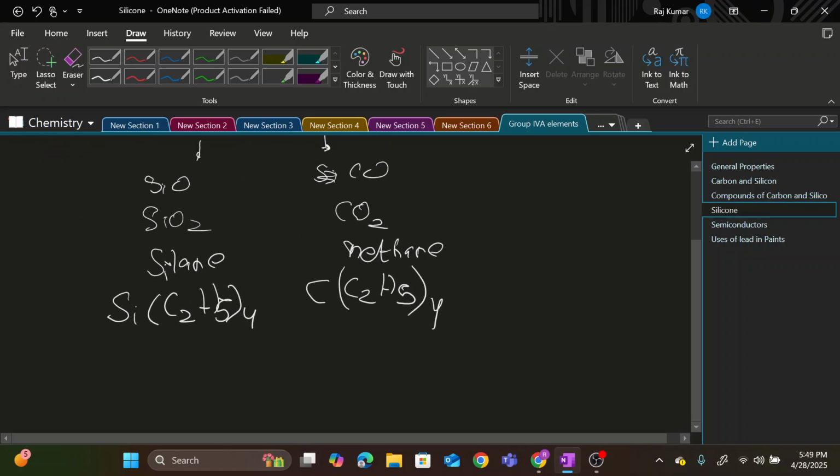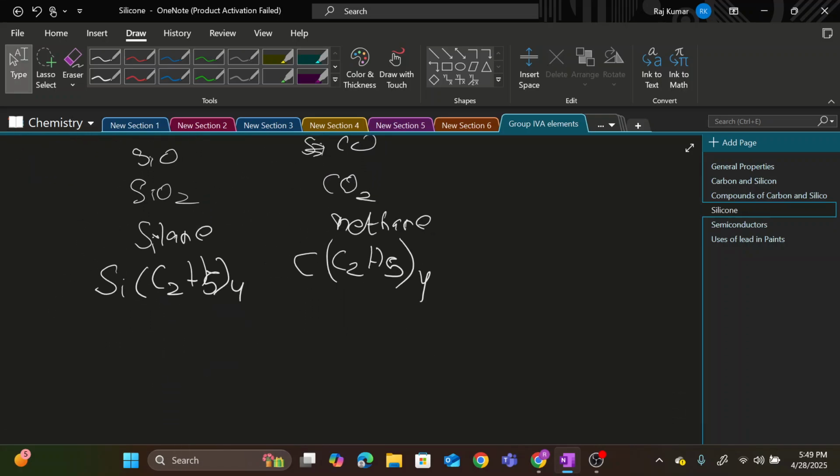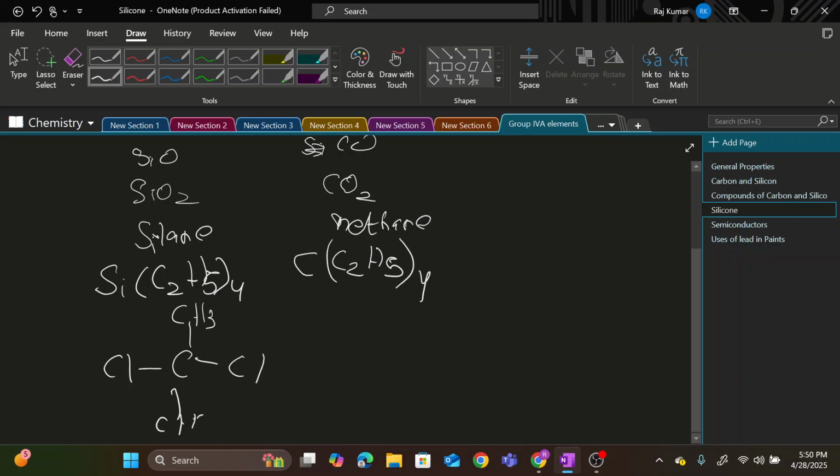So basically, if we take this structure, with two chlorine atoms attached to it and two methyl groups attached to it, what we actually do is react this with water.